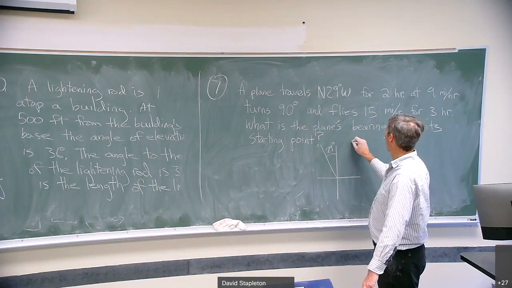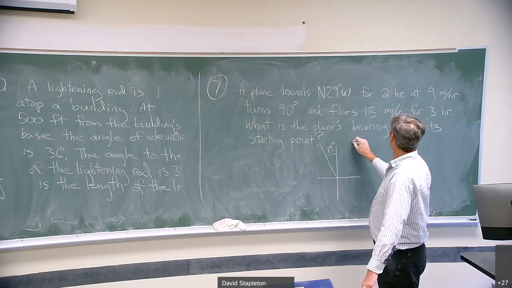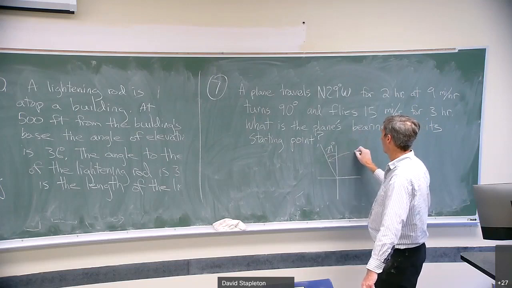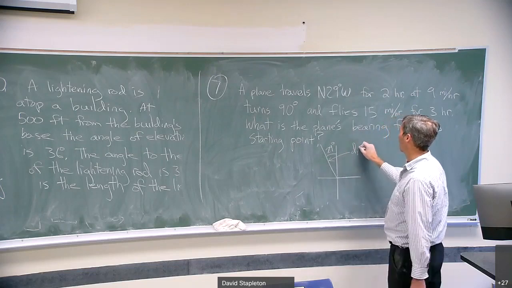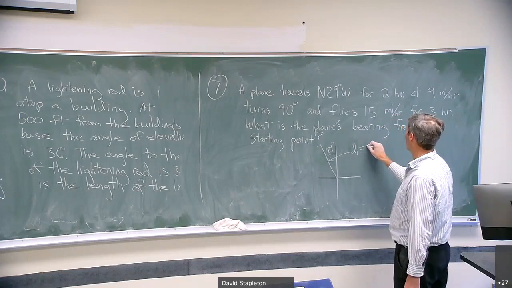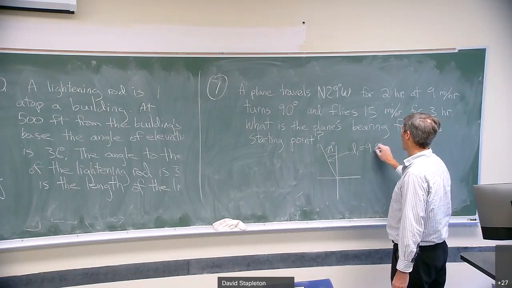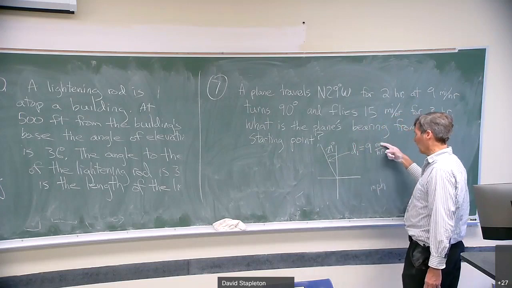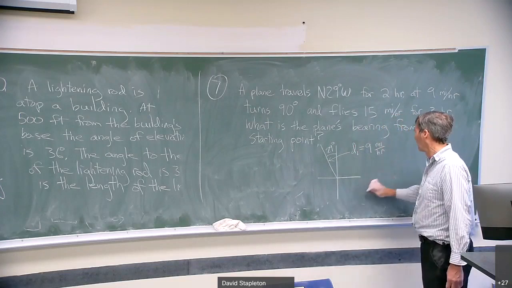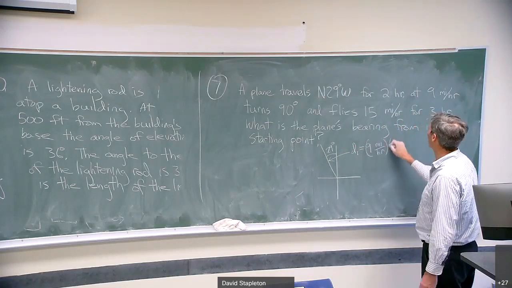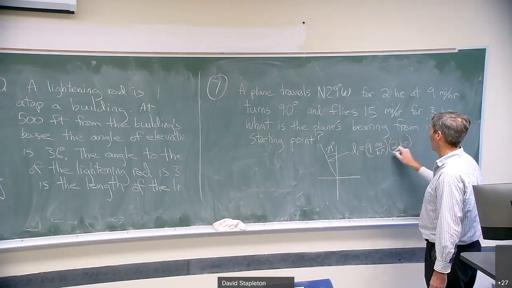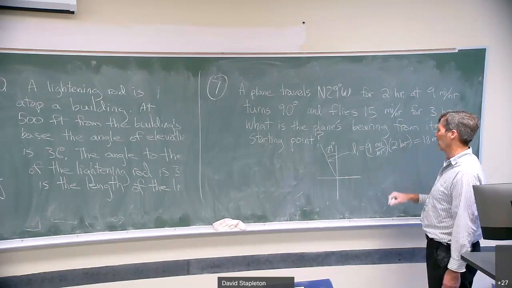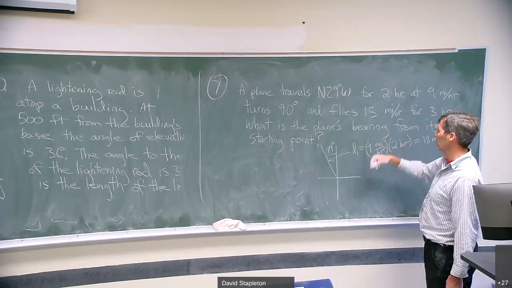So you take 9, this distance here, T1 if you like, is 9 miles per hour. You can also write miles per hour as mph, but if you put it this way, then you can cancel the units. Right? 9 miles per hour times 2 hours. Now the units cancel and you get 18 miles. So the plane has traveled 9 times 2, 18 miles.